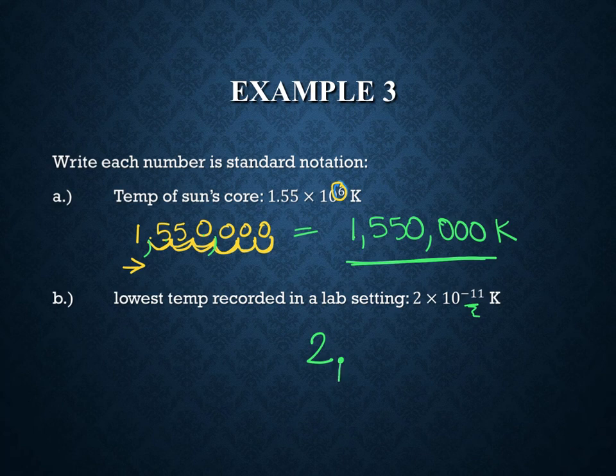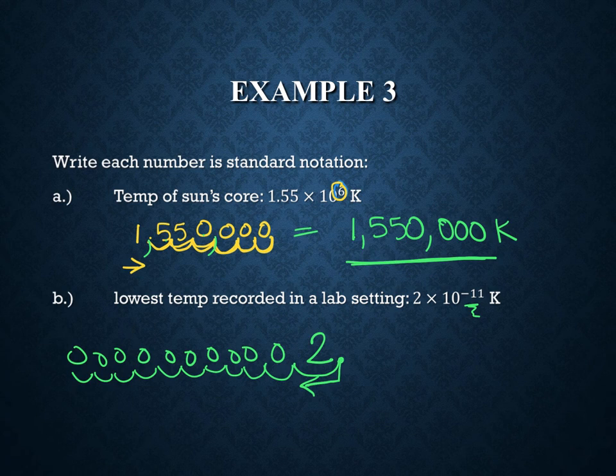So that means I'm going to have to move my decimal place to the left. So I'm going to move it 11 places. So here's 1, 2, 3, 4, 5, 6, 7, 8, 9, 10, 11. And you can go ahead and fill all those in with zeros.